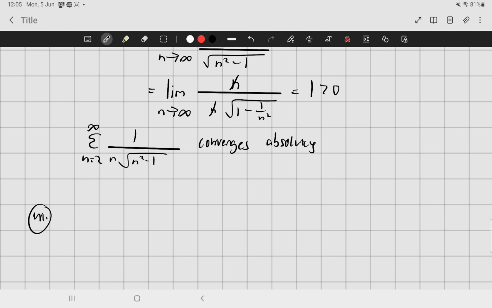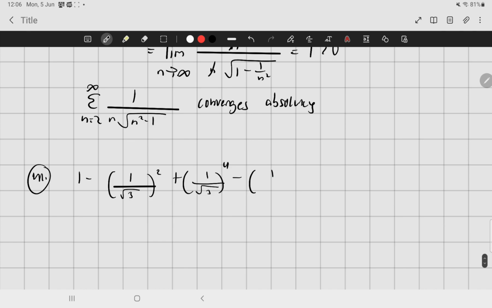So question 41. Alright, 41 will be 1 minus 1 over square root of 3 squared, plus 1 over square root of 3 to the power 4, minus 1 over square root of 3 to the power 6, then plus 1 over square root of 3 to the power of 8, and so on.